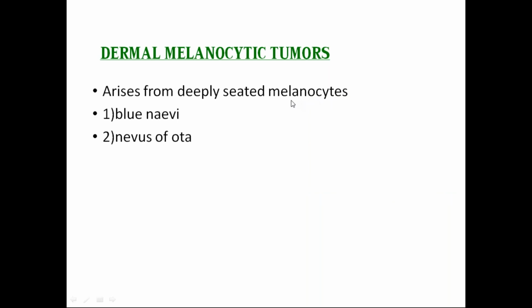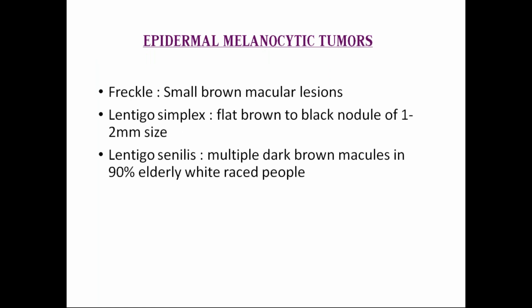So it usually arises from deep-seated melanocytes. There are different types in that called blue nevus or nevus of Ota. The next one is epidermal melanocytic tumors. They are small freckles which are macular type of lesion, and there are different types in epidermal melanocytic tumors.